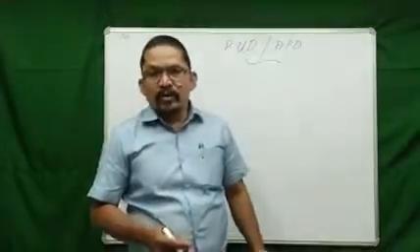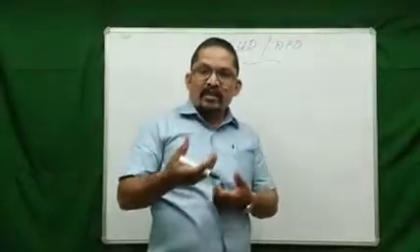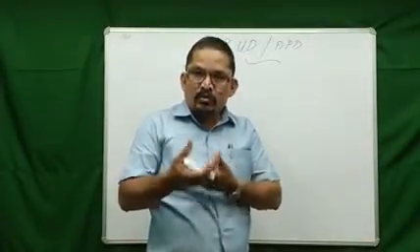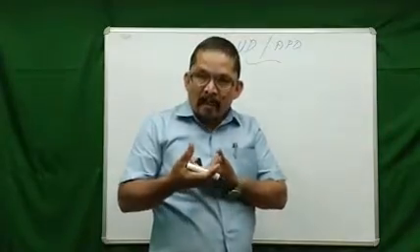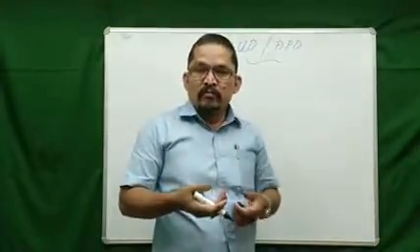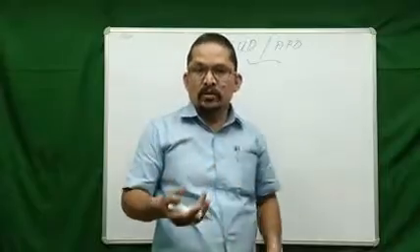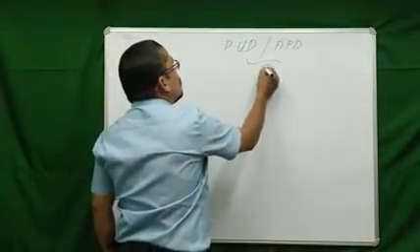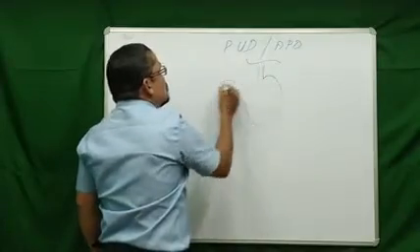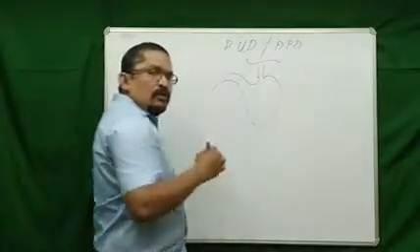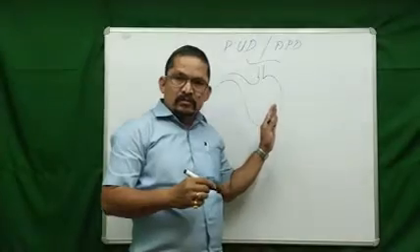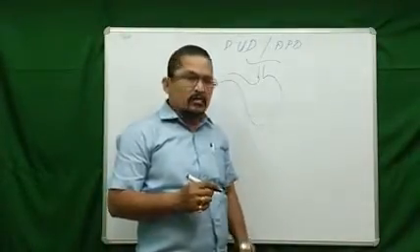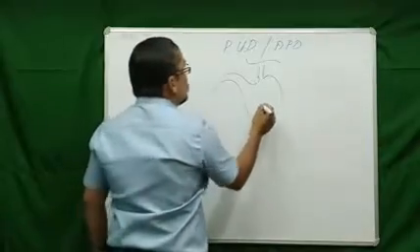Now we are focusing our camera, our endoscope, our microscope very near to the mucosa of our stomach. Your stomach has a four-layered wall, with the innermost layer being the mucosa.